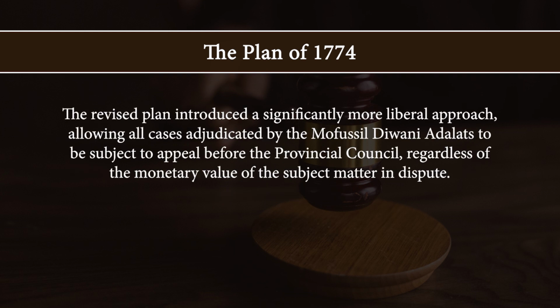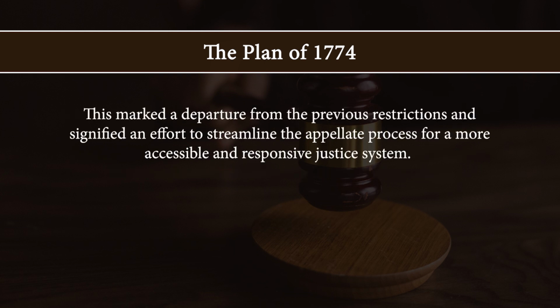The revised plan introduced a significantly more liberal approach, allowing all cases adjudicated by the Mofussil Diwani Adalats to be subject to appeal before the provincial council, regardless of the monetary value of the subject matter in dispute. This marked a departure from the previous restriction and signified an effort to streamline the appellate process for a more accessible and responsive justice system.